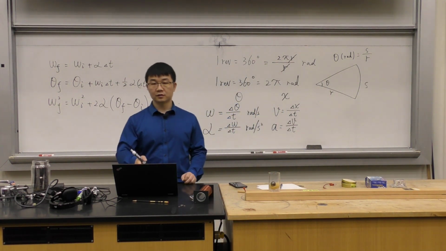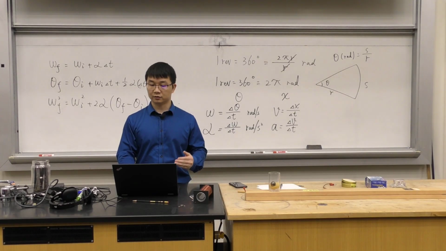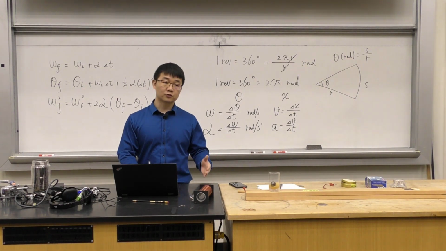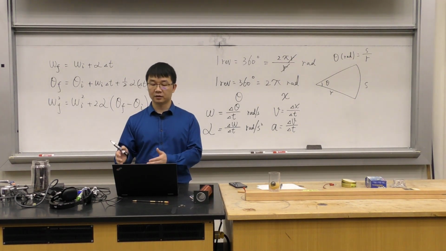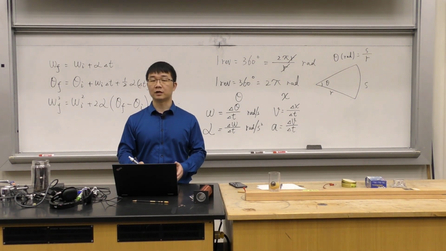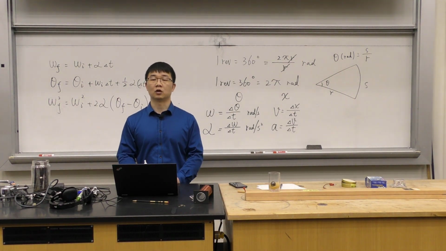And you're going to see this a lot in this part. We're going to make a lot of new definitions. We're going to define a lot of new things so that we can just use the theories and laws we learned in linear motion. We don't have to make new theories or new laws, but we will define a lot of new things, which can be very non-intuitive to a lot of people.